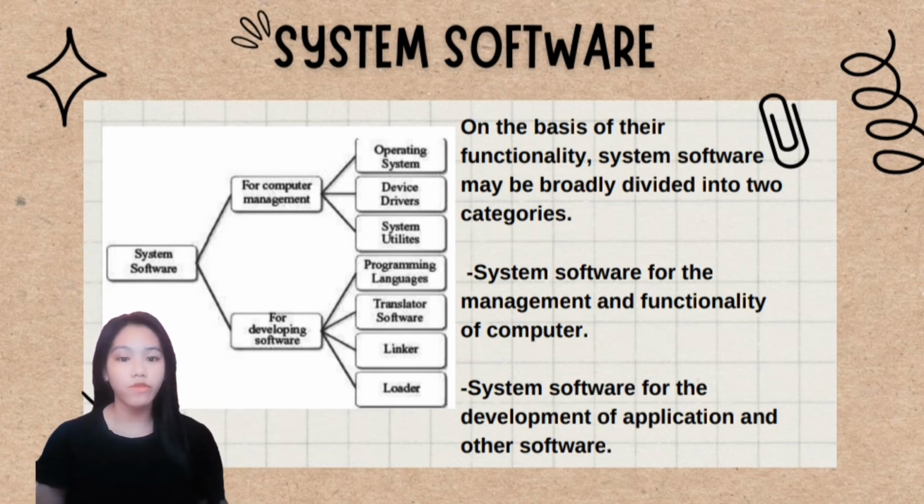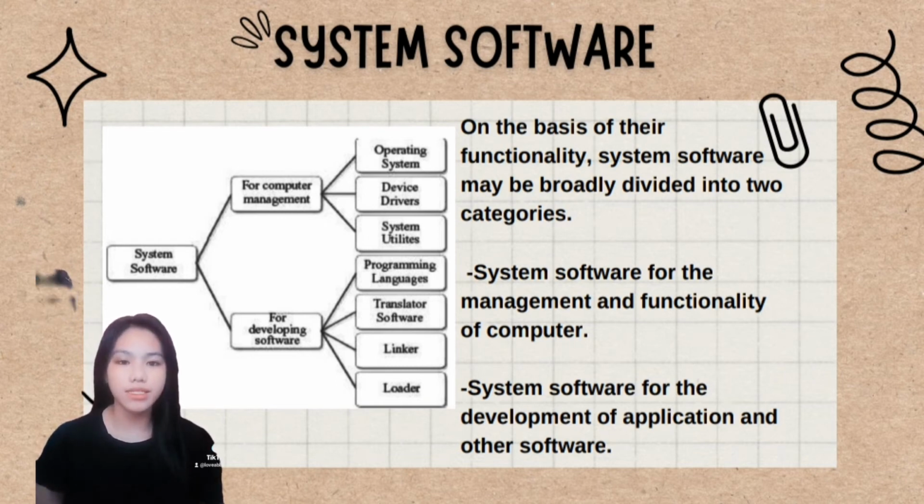System software for the management and functionality of the computer relates to the operation of various computer parts, such as the CPU, input and output devices, etc. System software is necessary to oversee the functions carried out by the computer's parts and any attached devices.